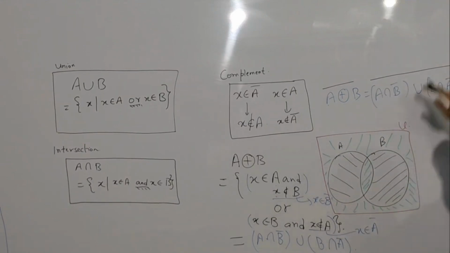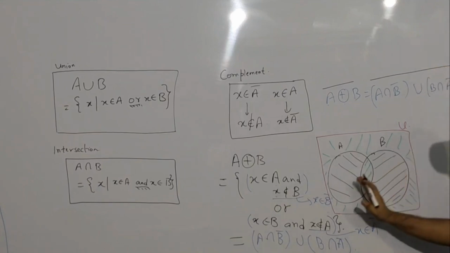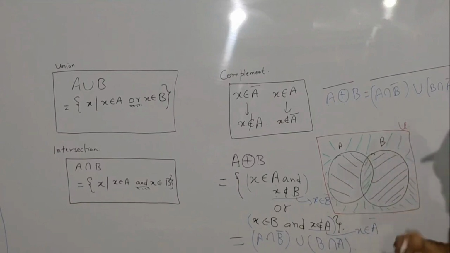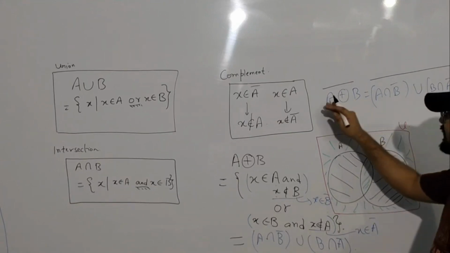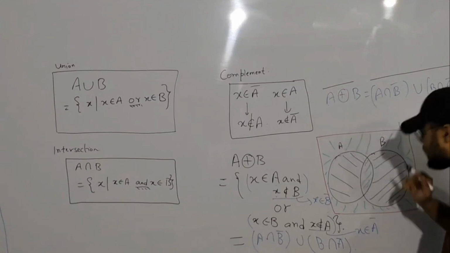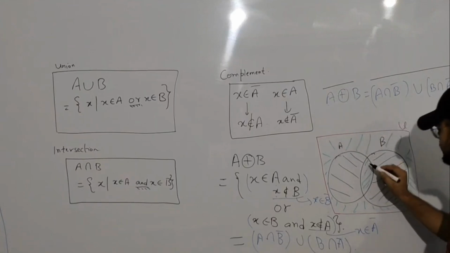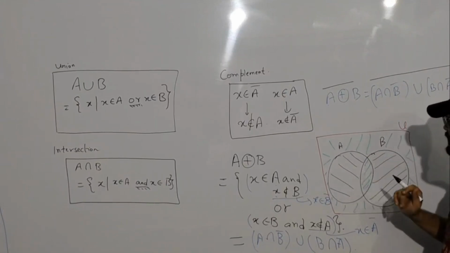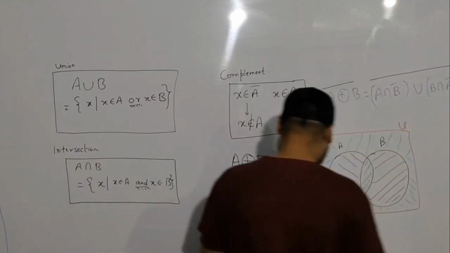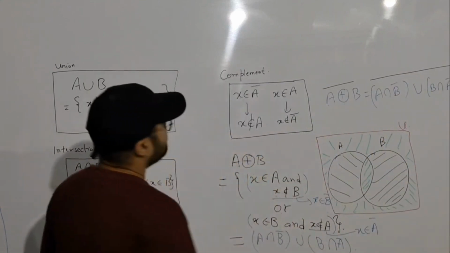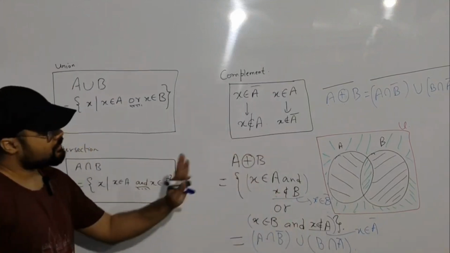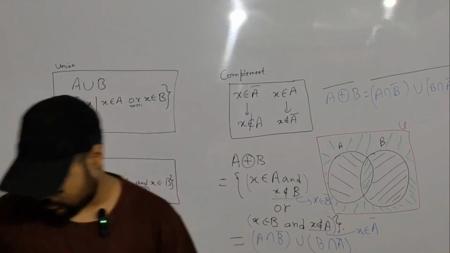Number one, you can perform De Morgan's law and come to the solution, and you have your Venn diagram in place to verify if your solution matches. Or you can directly give the solution by looking at the Venn diagram. I am just writing that solution here.